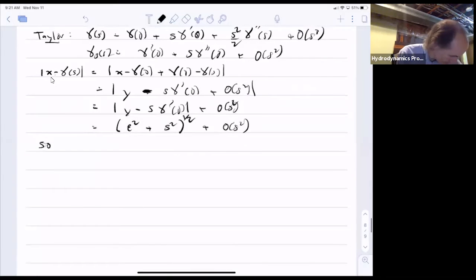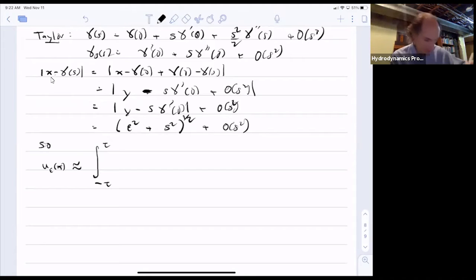So the integral u epsilon of x is, okay, so here's the first thing I'll do. I'll integrate over some, so here's the picture. I have this curve.